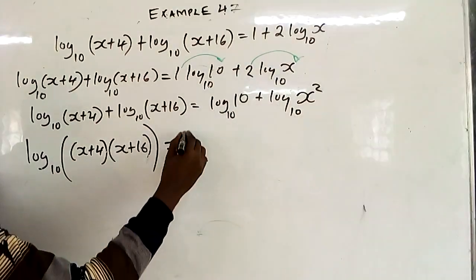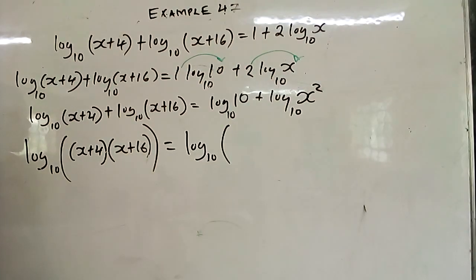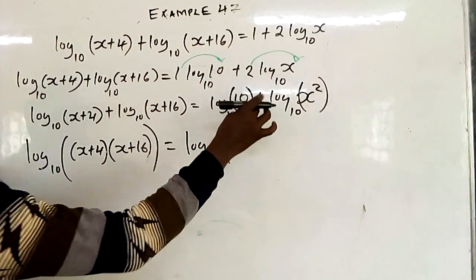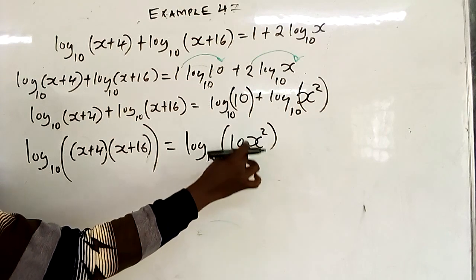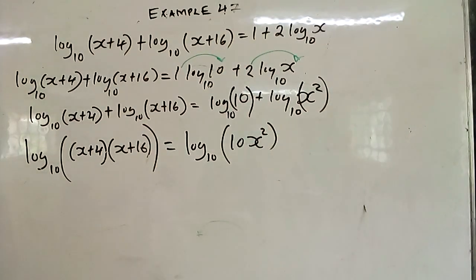So the other side of the equation, if you factorize log to base 10 outside, what do you remain with? 10 times x squared. Addition changes to multiplication, isn't it? So when you take the log inside, this multiplication goes back to addition, isn't it? Are we together? Yes. Lots of logarithm.